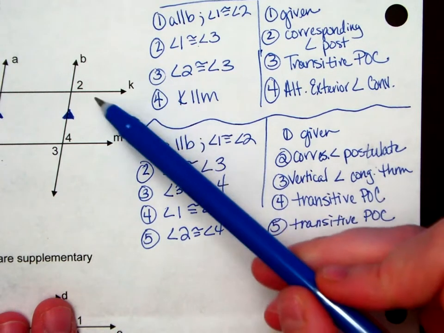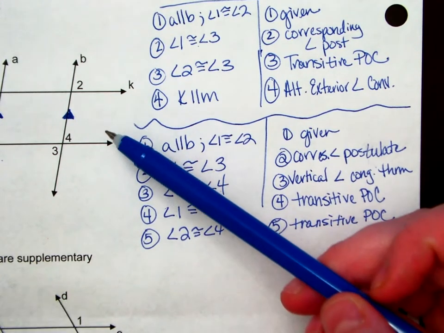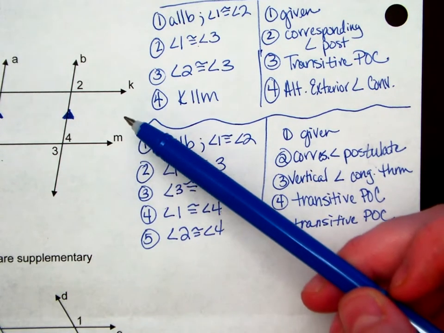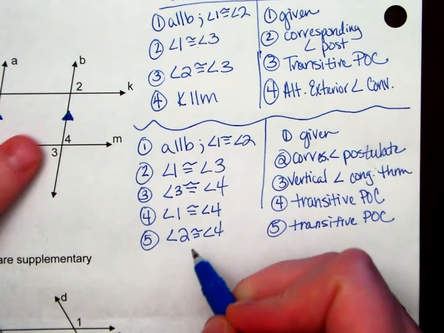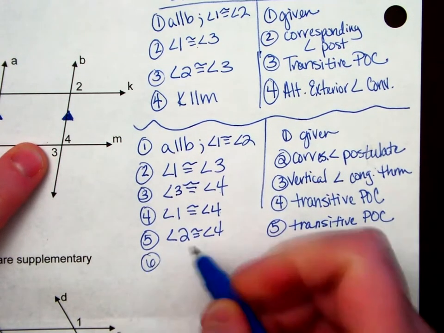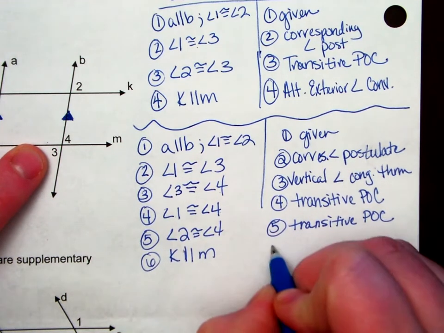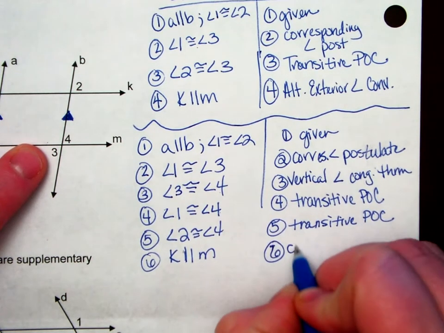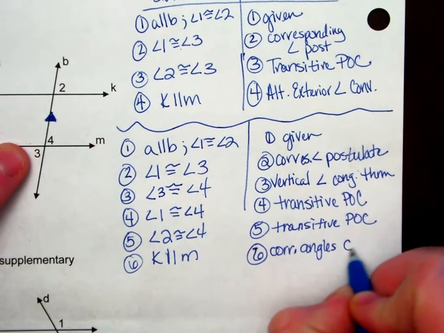Now 2 and 4 are corresponding angles on the transversal of line K and M, just like we had 2 and 3 being alternate exterior, but now I'm looking at corresponding angles instead. So step 6 would be K is parallel to M, and that would be by the corresponding angles converse.